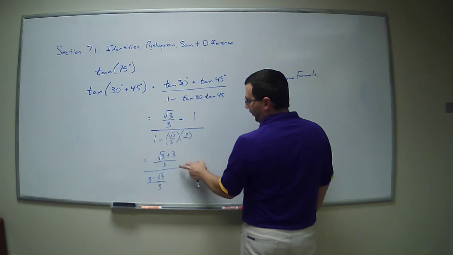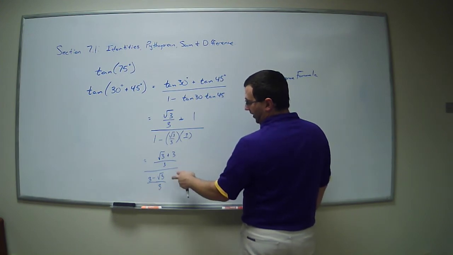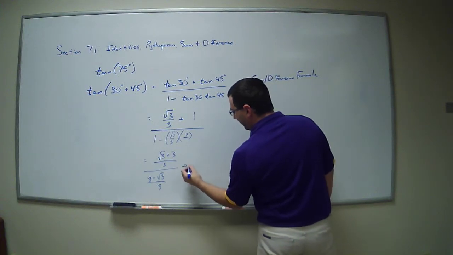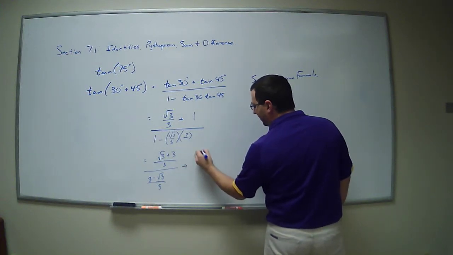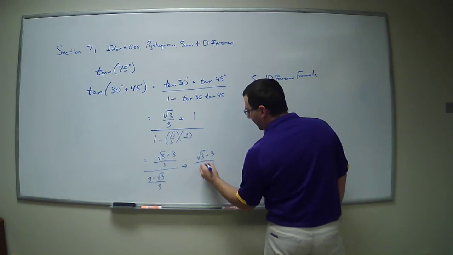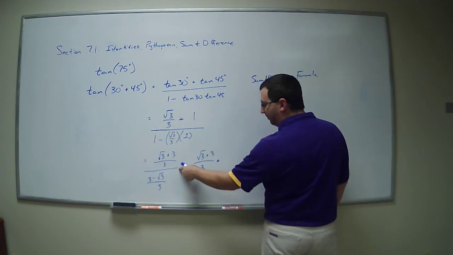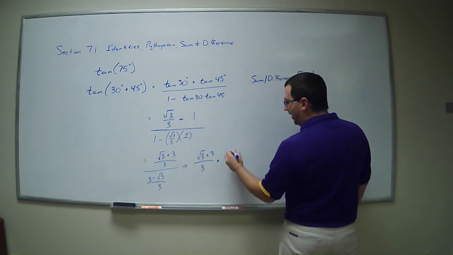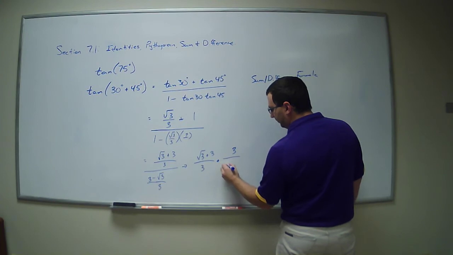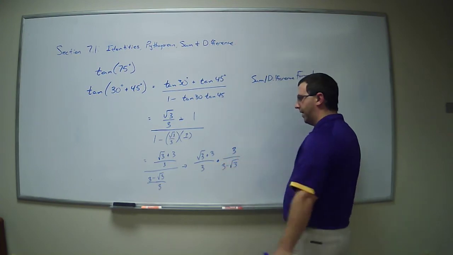Keep, change to multiplication, flip. I keep the top fraction the same, change my big bar to multiplication, and flip my second fraction.